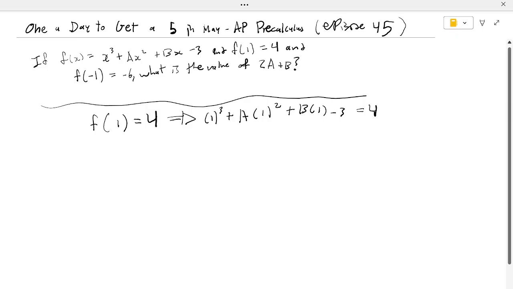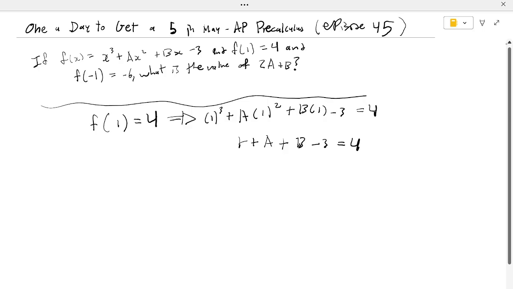Because if f of 1 is equal to 4, we just plug in the definition for f, which is x cubed plus ax squared plus bx minus 3, and we use a 1 there. Okay, so what it's going to look like is 1 plus a, because this is 1, and then 1 squared is 1, and this would be minus 3 is equal to 4.